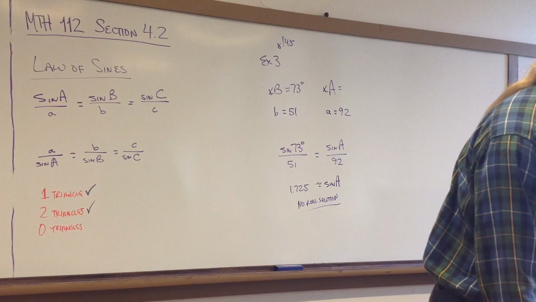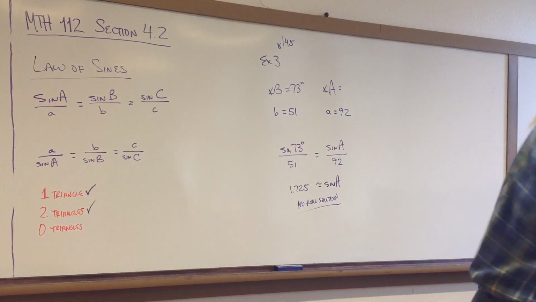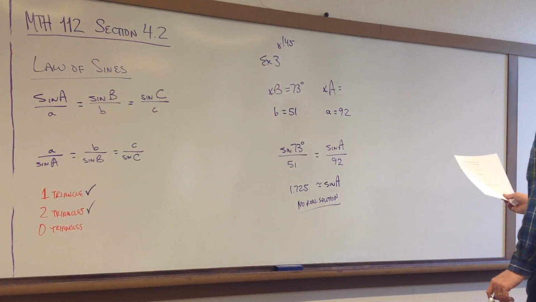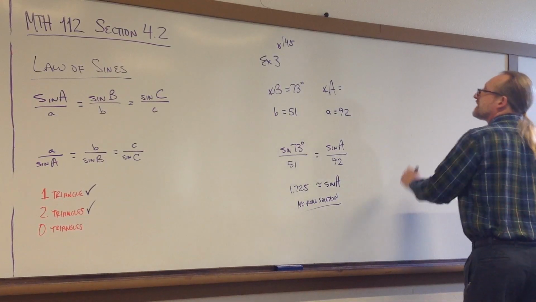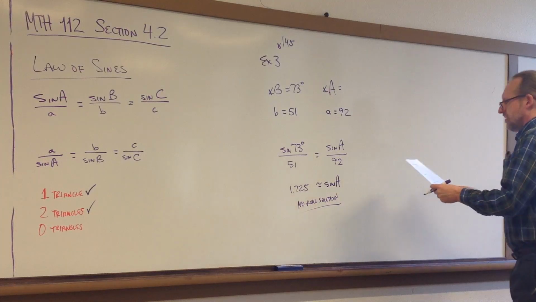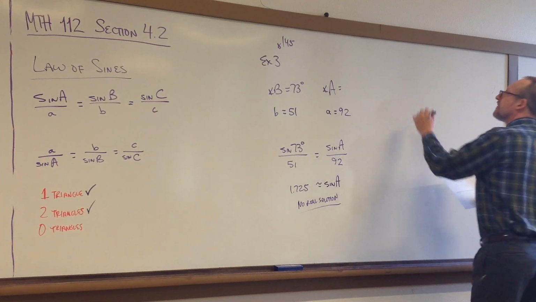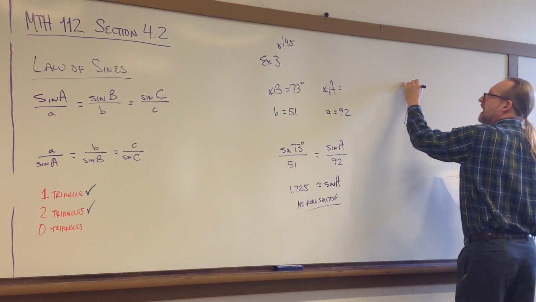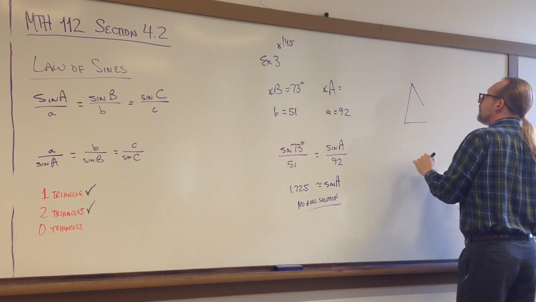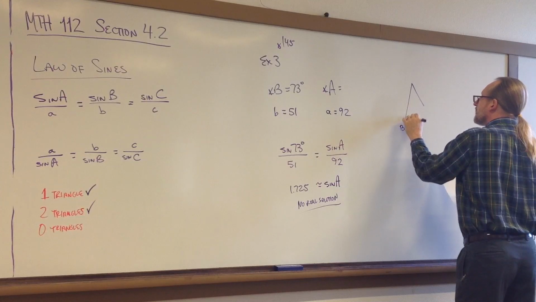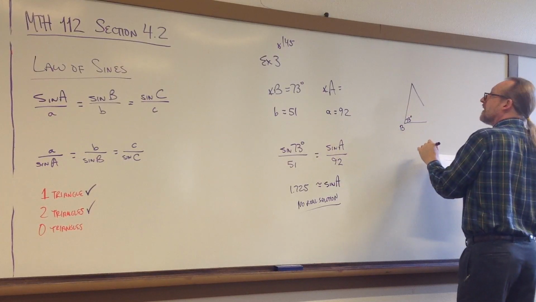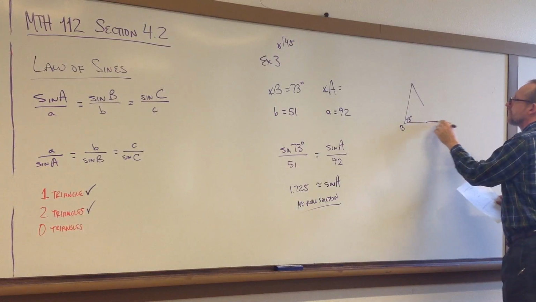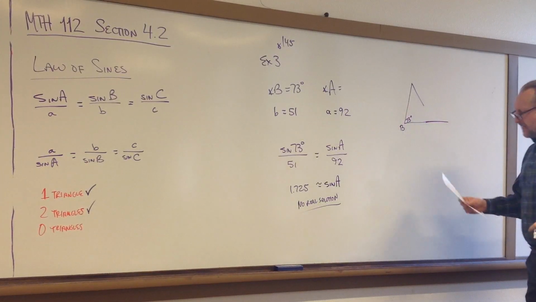Let's see here. So what does this triangle look like? I think what's happening here is that we've got this 73-degree angle and a side that is 51, right? And then the idea here is that this side is not long enough to complete the triangle.